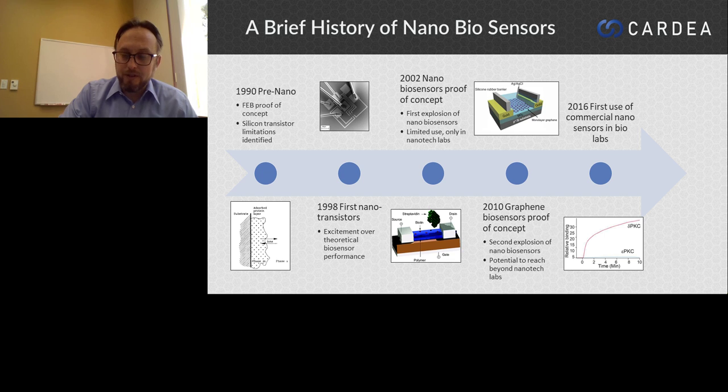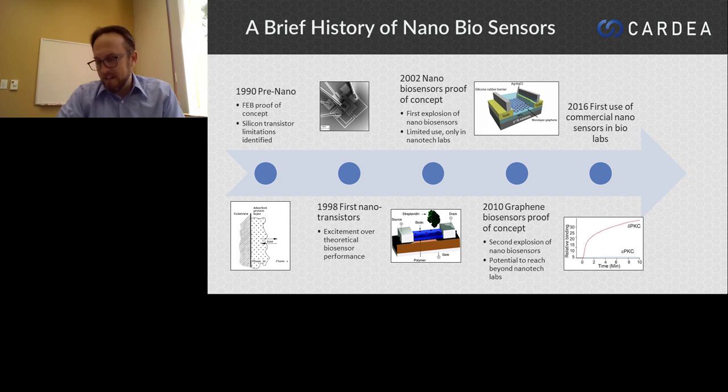It was first used with silicon transistors. And while people were able to show that silicon transistors could be used to measure biological interactions, they also were able to show pretty clearly that silicon was not going to work from a practical point of view in any sort of device. And the reason for that is silicon just does not play well with salt water.